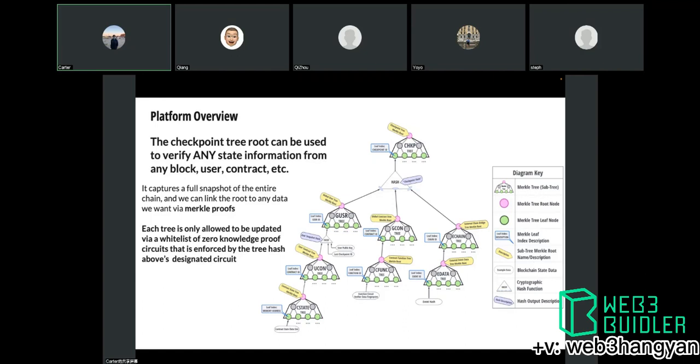And then whenever we want to fetch a Merkle proof, we can fetch any node, and we say, rather, we want the most recent checkpoint ID key for some index in the tree, if that makes sense.